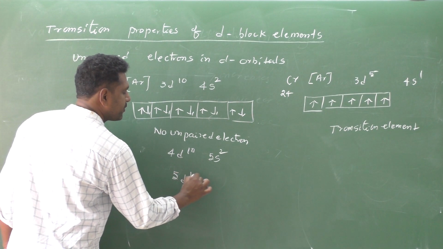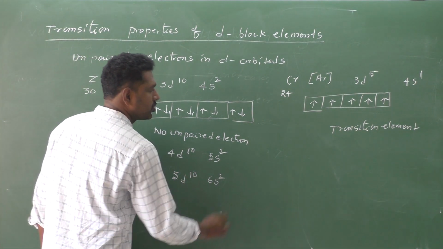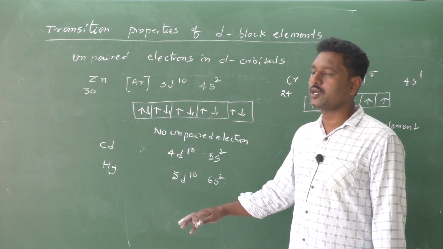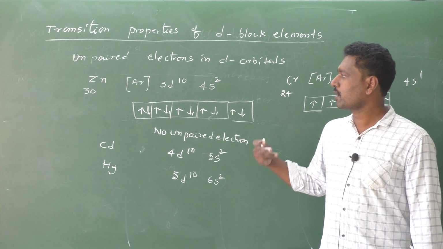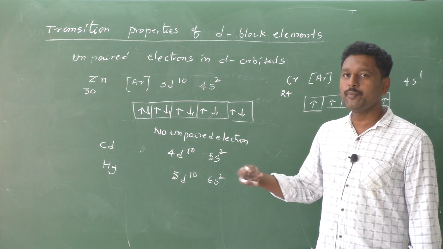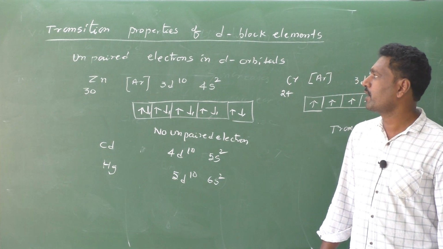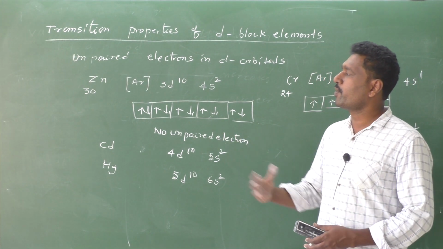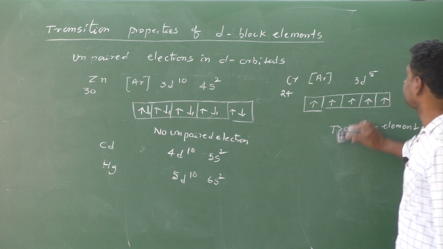Mercury, 5d10 6s2, is also a D block element but not a transition element. So this is about what transition properties are.